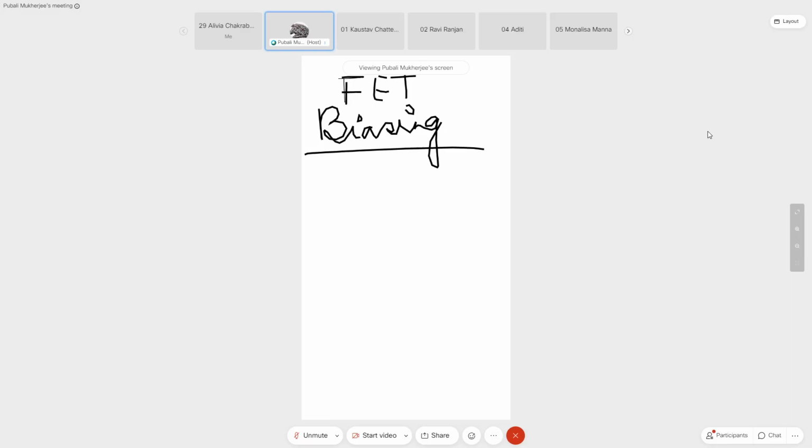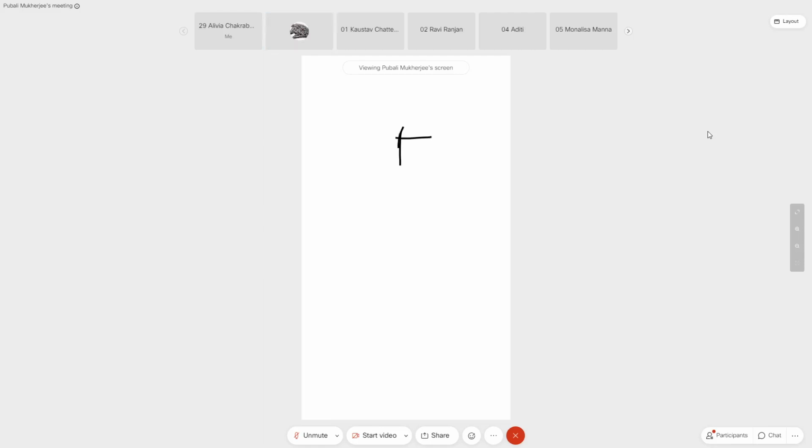Okay. So let me draw a simple circuit using a FET. So we are drawing an N-channel JFET. I hope you remember N-channel JFET, P-channel JFET, the three terminals: source, drain, and gate. This is a common source configuration.